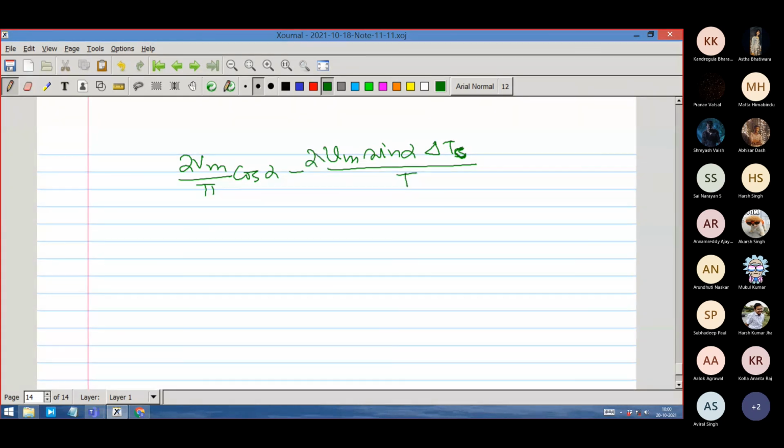So 2Vm by T into this, right? So this is the factor. This is the rectified voltage now. This is the reduction that has happened due to commutation. Due to commutation means the inductor, there is an inductor at the AC side, right? So Tc has been found out.